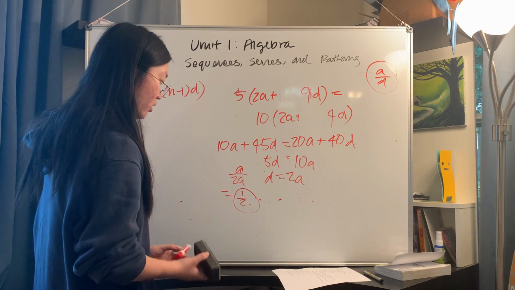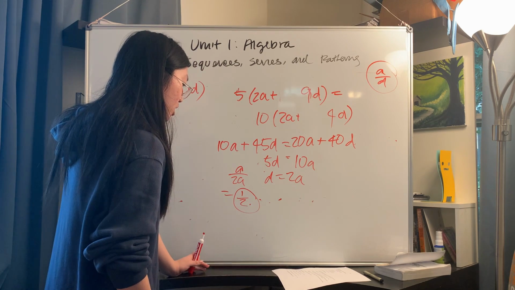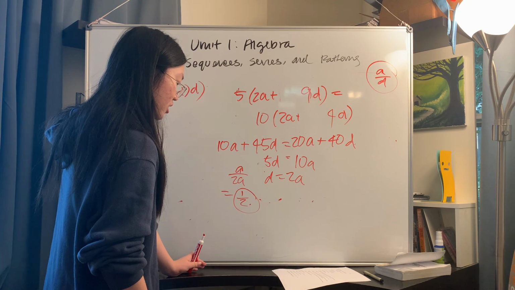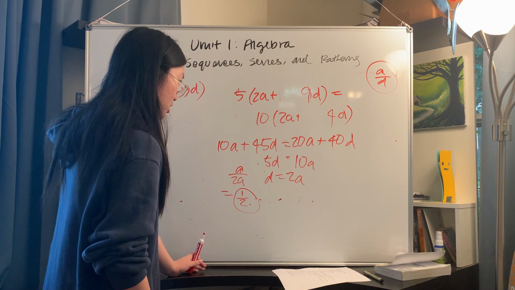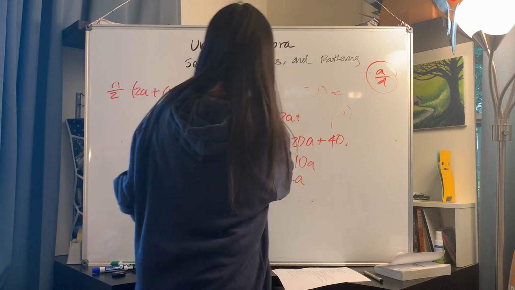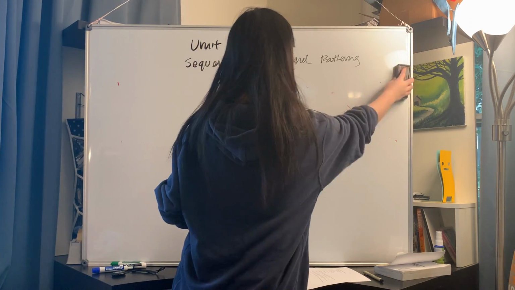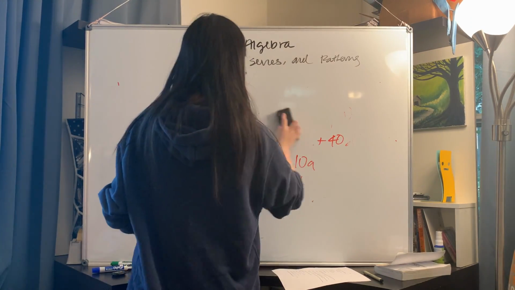Alright, problem 4. What is the 6th term of the arithmetic sequence whose 31st and 73rd terms are 18 and 46 respectively? Okay. Oh shoot, I accidentally erased the formula again. Oh well, that's okay, we don't need it.